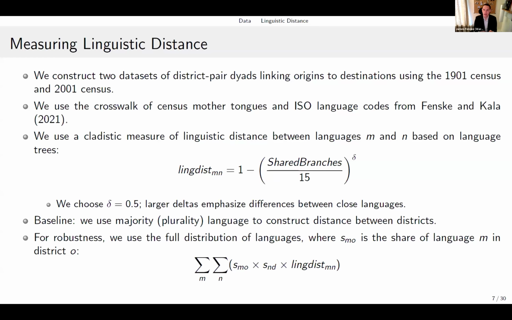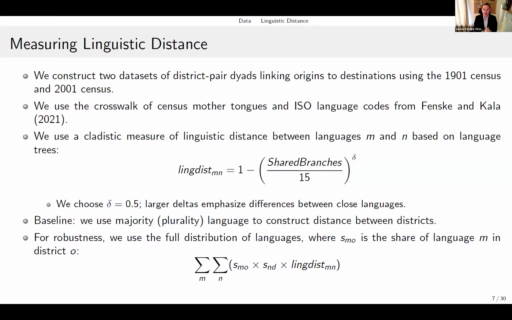Following work by people like Enrico Spolaore and Romain Wacziarg, what we're going to do is measure the linguistic distance between any two languages, a language M and a language N, and say that if you have no branches in common, you have a distance of 1. But the more branches you have in common, we will subtract off from that a fraction.